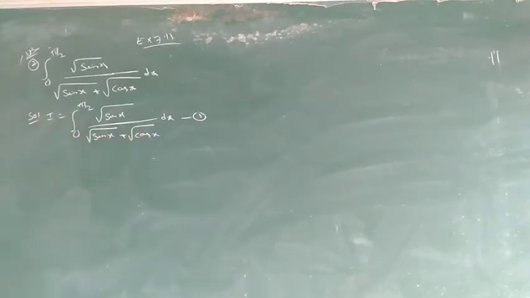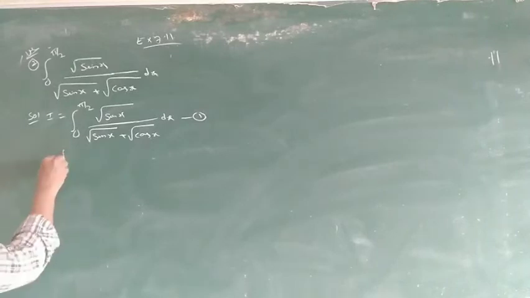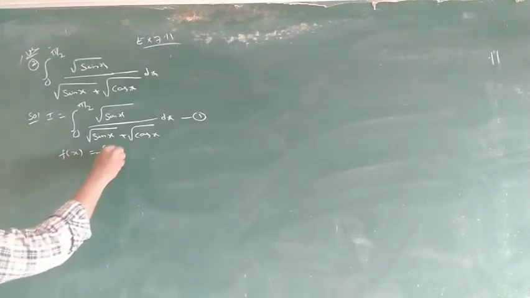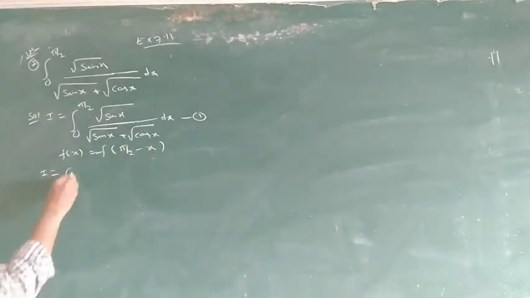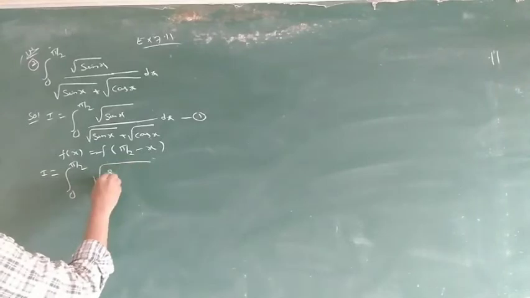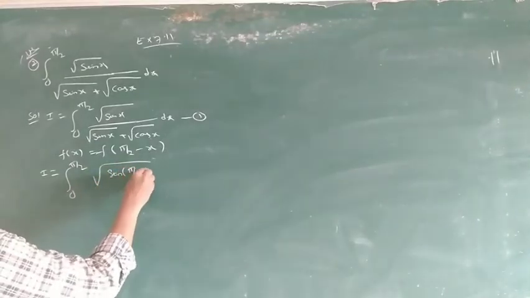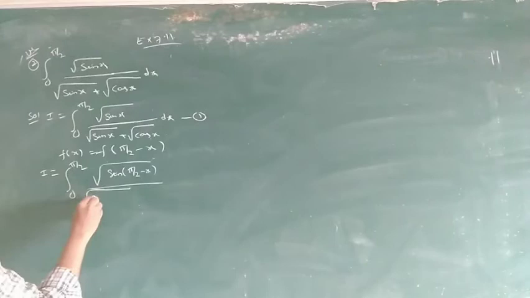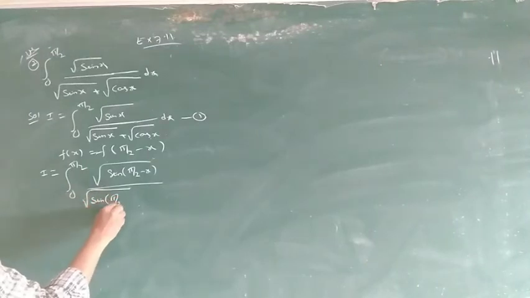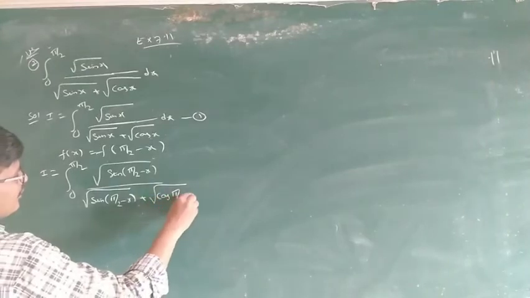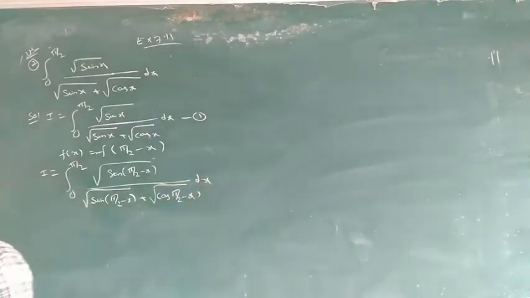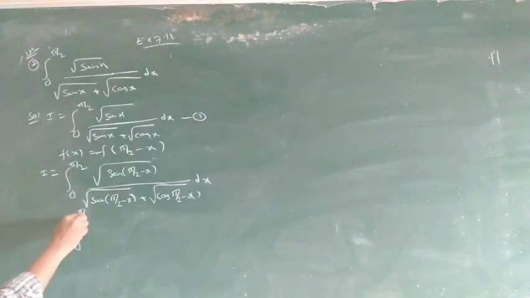So what is the property? Integral 0 to a f of x dx is equal to integral 0 to a f of a minus x dx. So f of x becomes f of pi by 2 minus x. So I is equal to integral 0 to pi by 2 root of sin 90 minus x by root of sin 90 minus x plus root of cos 90 minus x dx.